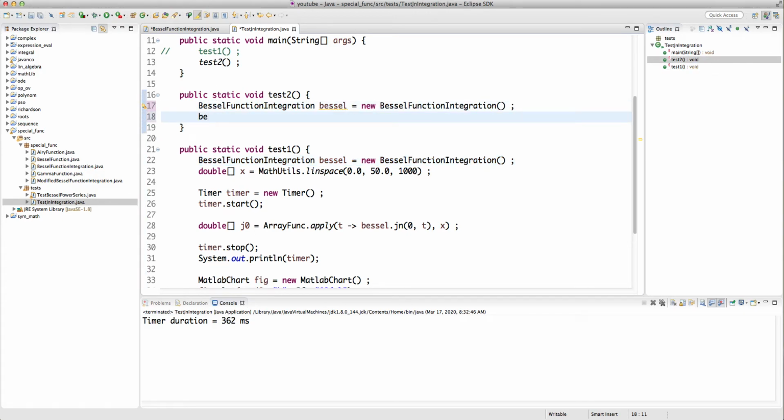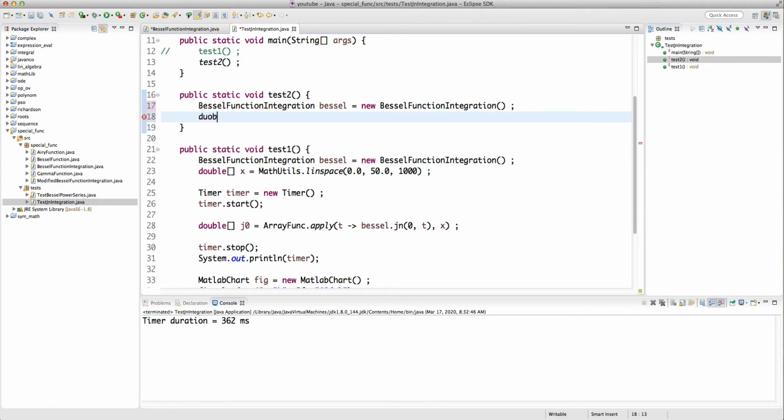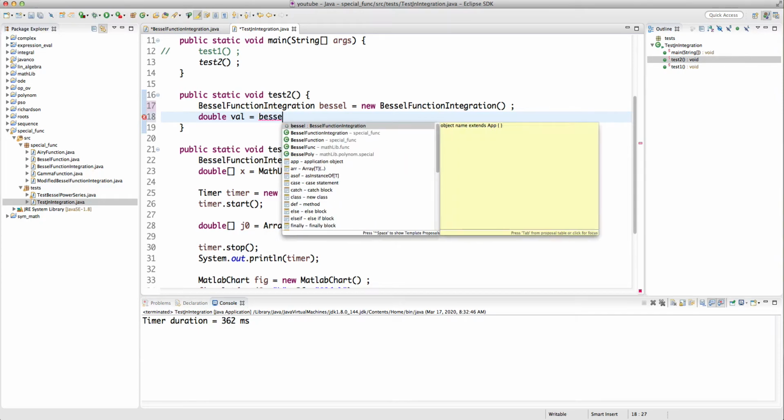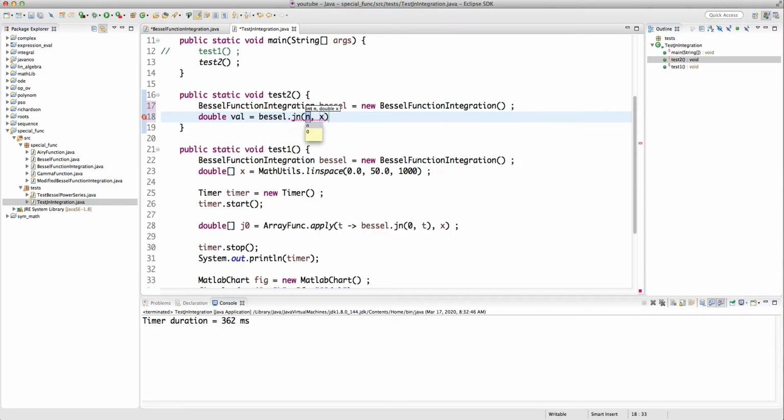And then I'm going to just evaluate it at, let's call it double val, Bessel.jn for int, and let's evaluate it for j0 at a large number, let's say 20. All right, 20 is the double value.